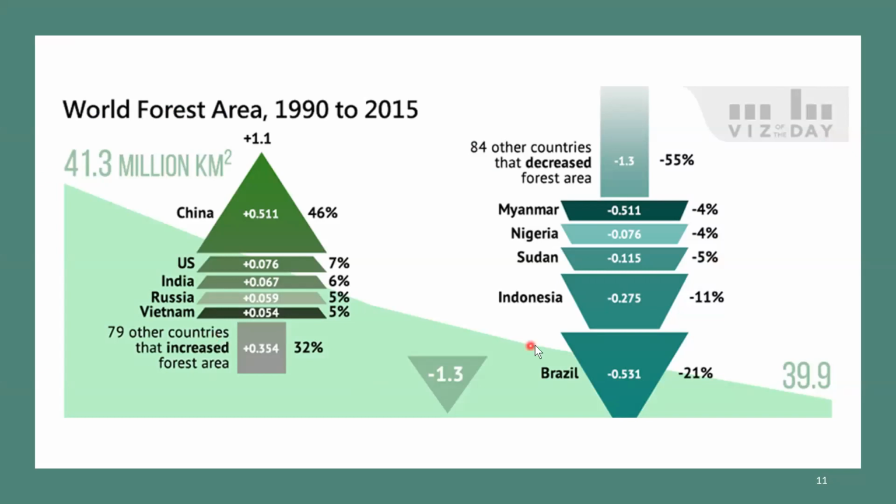So now what is the scenario now? That was an increasing trend in 1990. What is the scenario now in 2015? You can see here that there is major deforestation or forest harvesting in Brazil, Indonesia, then Sudan, Nigeria, Myanmar.